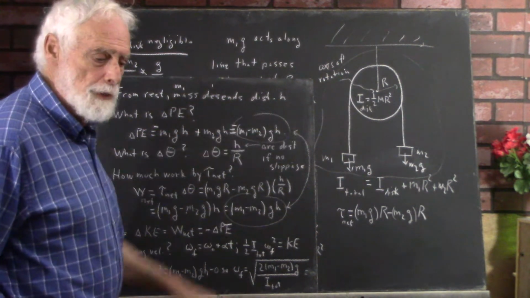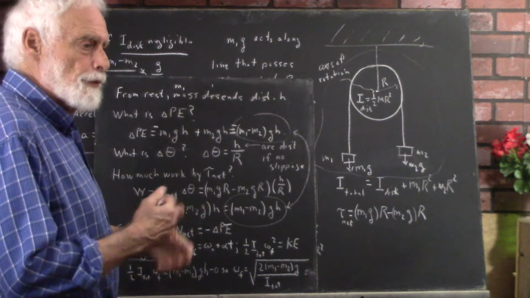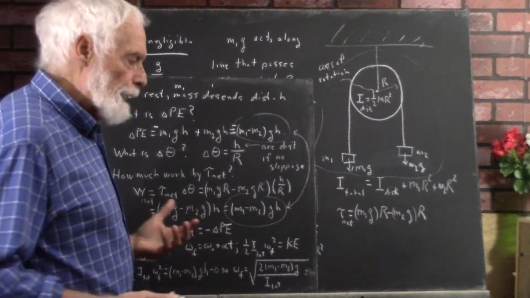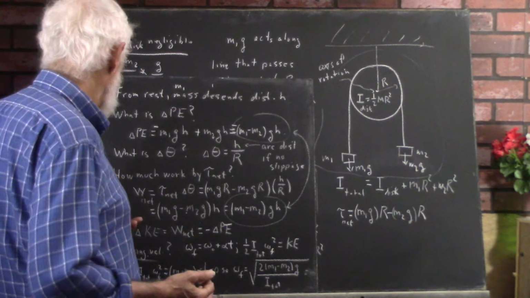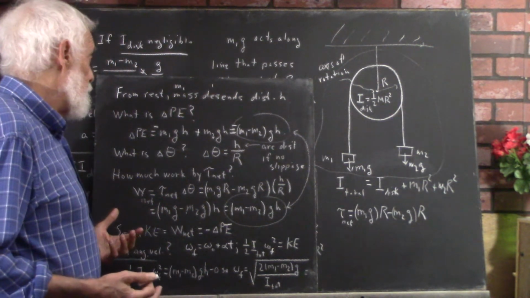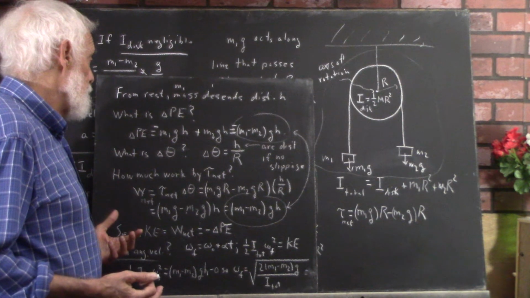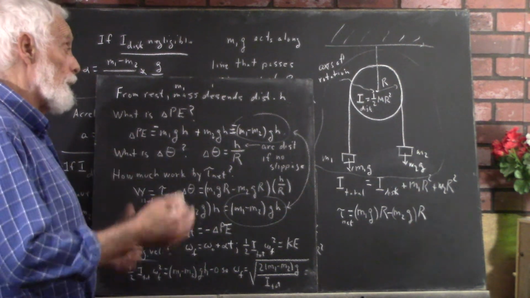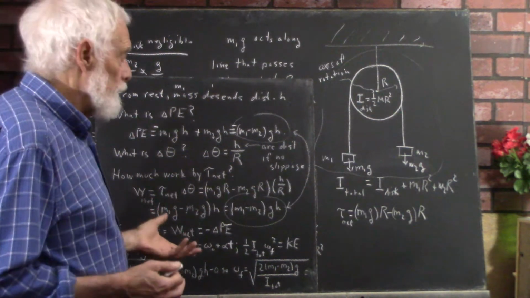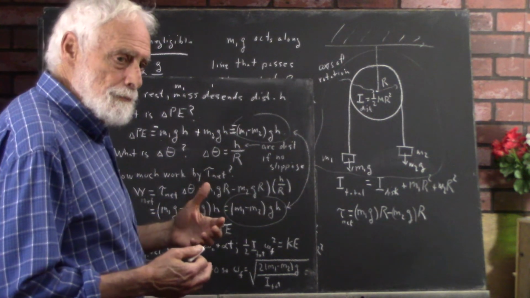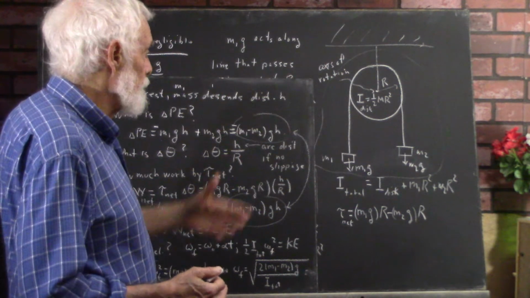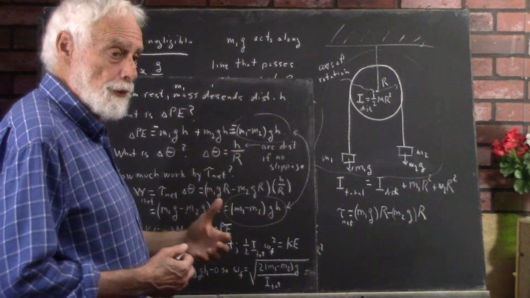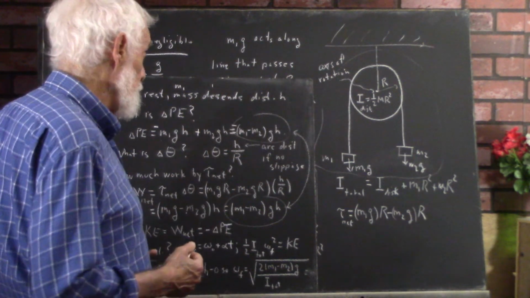If there's no dissipative force, if the gravitational force is the only force acting on the system, then that's going to be equal and opposite to the change in the system's kinetic energy. So we could immediately calculate its final kinetic energy. If it starts from rest, it'll just be equal to the change in the kinetic energy.